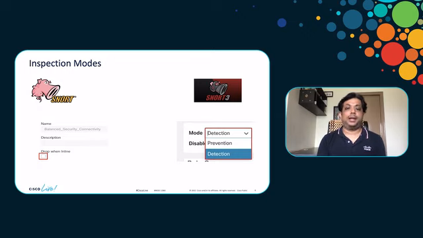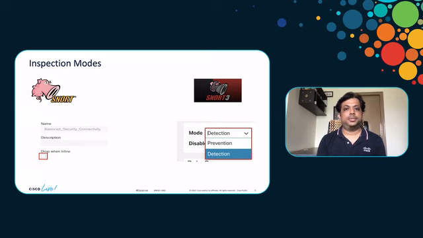Now this option by default is enabled, which means whenever you create a new intrusion policy on Snort2, by default it is enabled in prevention mode, which means it will drop the packet if the action associated with a matching signature is set to drop.